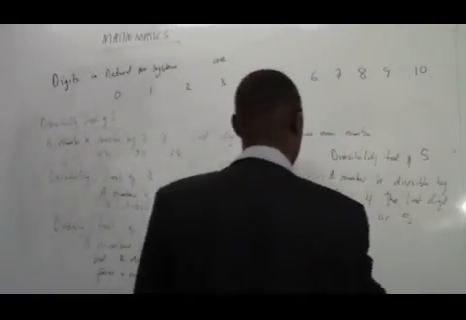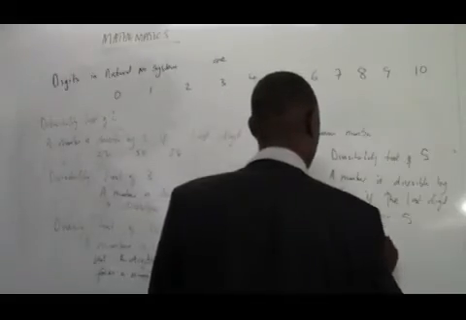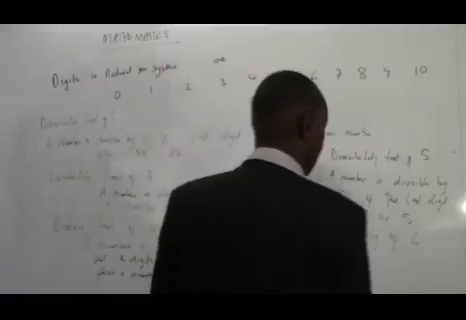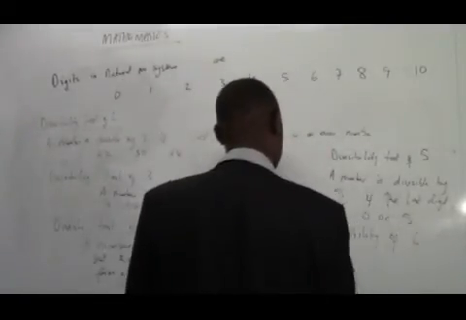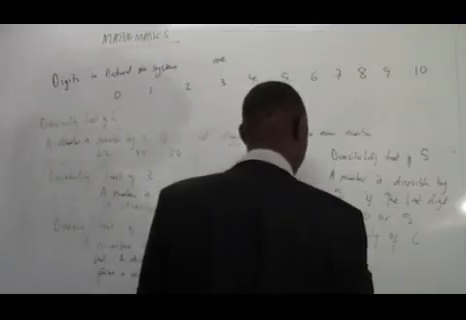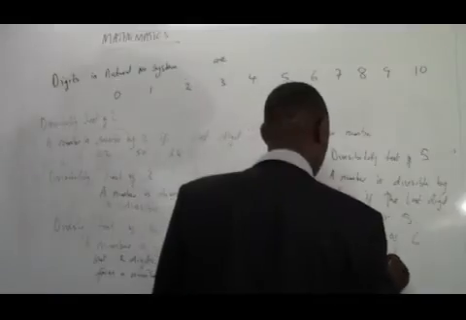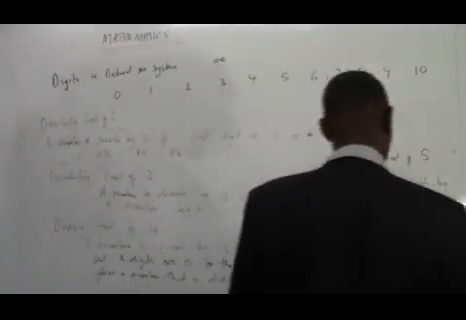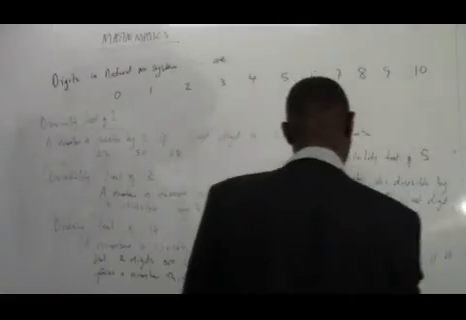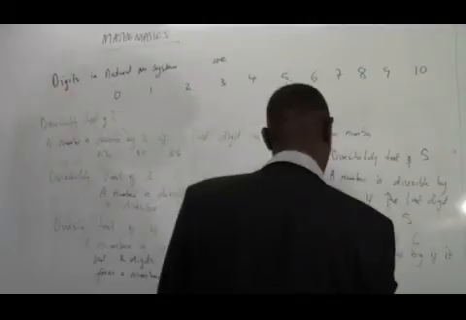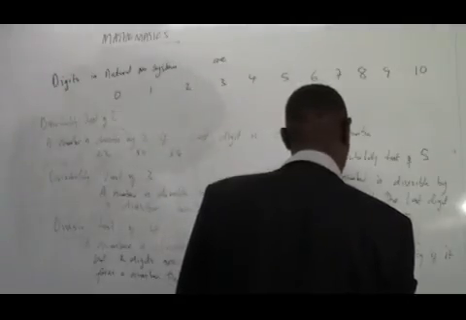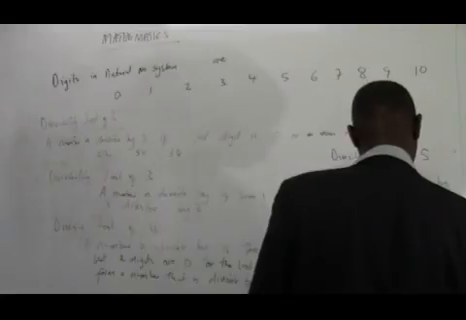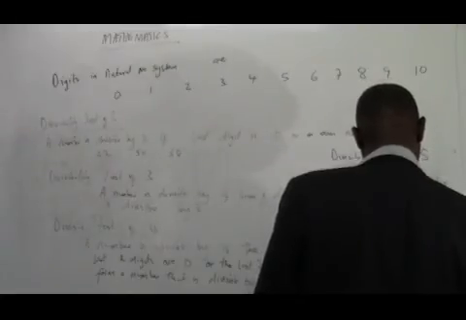Divisibility test of 6. A number is divisible by 6 if it can be divided by 2 and 3.